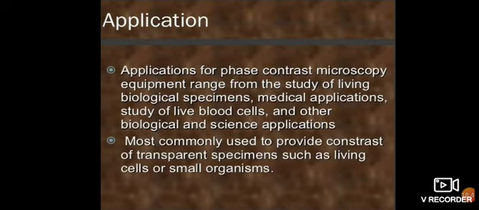By living biological cells we mean, again, cancerous cells. It is most commonly used to provide contrast for transparent specimens such as living cells or small organisms. Small organisms means small different parts, like the nucleolus and other cell components, which can easily be observed.